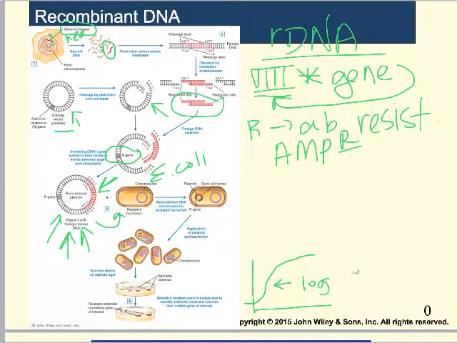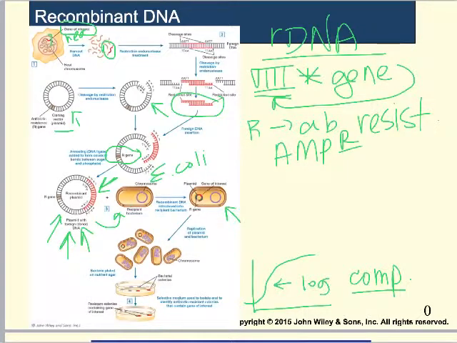That's what competent means: it can take up DNA, so they have to be young. So you take E. coli and add the plasmid to the cells. Then we can treat them with chemicals, or we can shock them with a jolt of electricity, and we can get the plasmid into the cell.